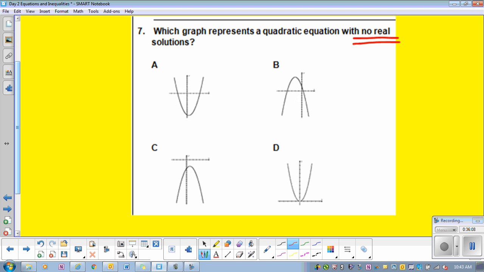If it touches the x-axis, that's a real number, okay? But if your graph does not touch that x-axis, then it has imaginary solutions. All of these graphs touch the x-axis, except C.